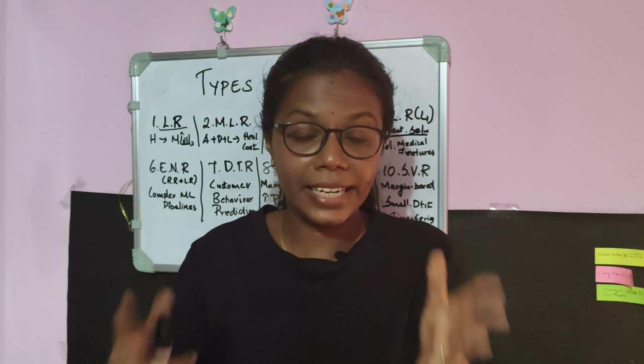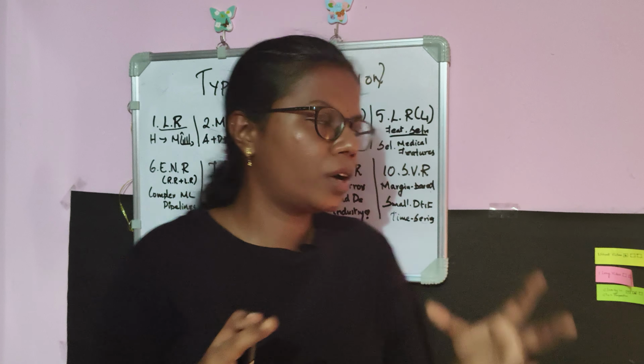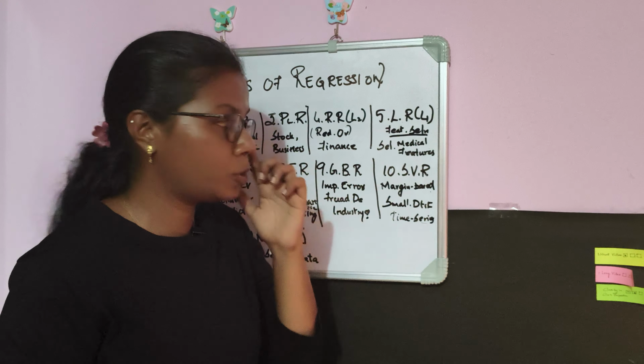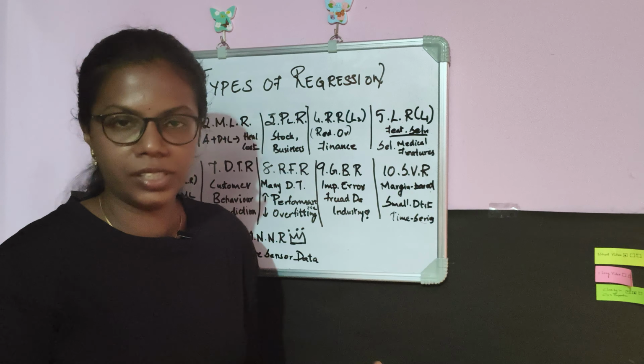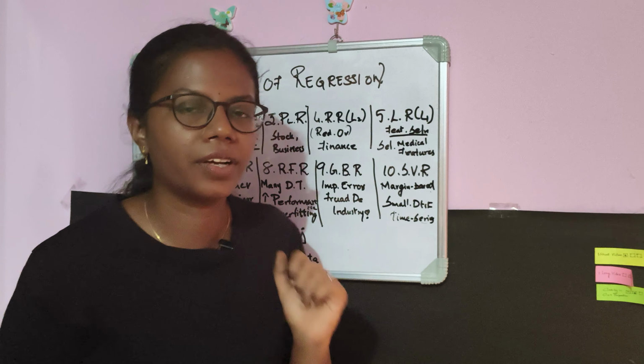Some columns may not be necessary to predict heart disease in the future. So removing those unwanted columns and keeping the necessary columns, selecting the important features, is what we are going to do with lasso regression. Specifically for selecting the features, we'll be using lasso regression.